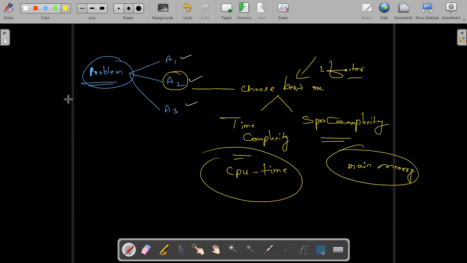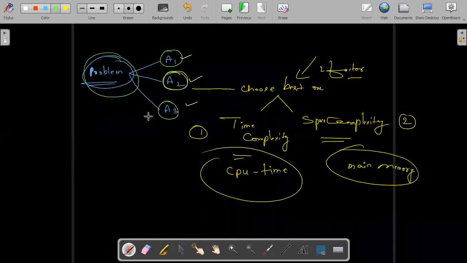So I think you have got it now. If you are confused about which one is the best, the factors you have to focus on are these two: time complexity and space complexity. If there is a problem and algorithms A1, A2, A3 are there, three algorithms, you have to understand clearly which one to select.